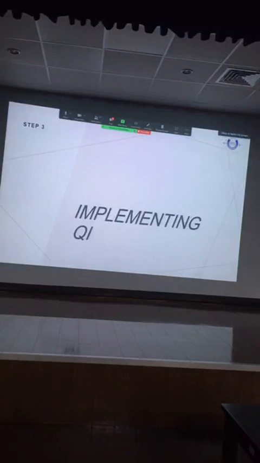After this, implementation. This is where the meat of your work comes in. If you do all the steps above right and you fail in implementation, the whole project is done. So for implementation, I'm going to spend a decent amount of my talk on some of the models here. What you want to do is follow a model.